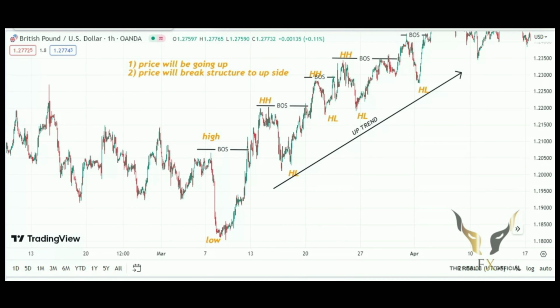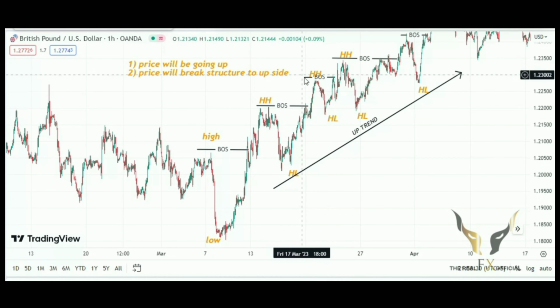The first scenario was right here, okay, the price will be going up. What we can see right here is that the price is just going up in the upward direction. The second scenario was that the price will break the structure to the upside, which we can see right here, okay.